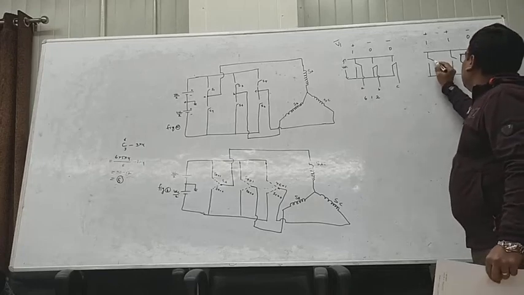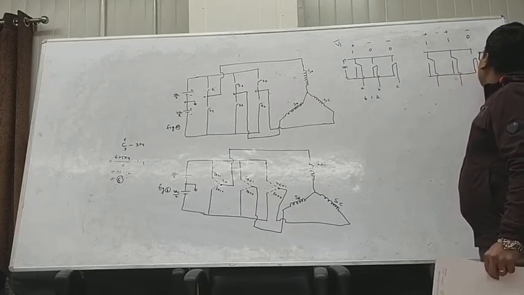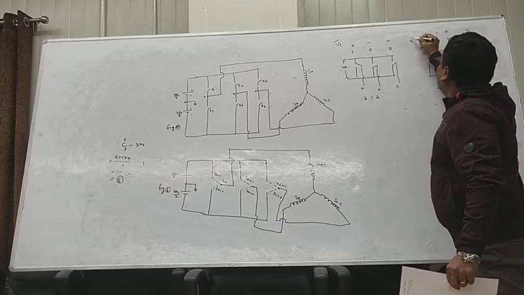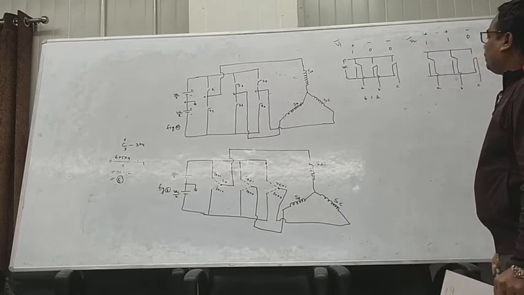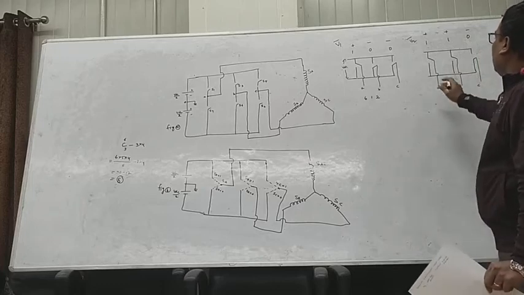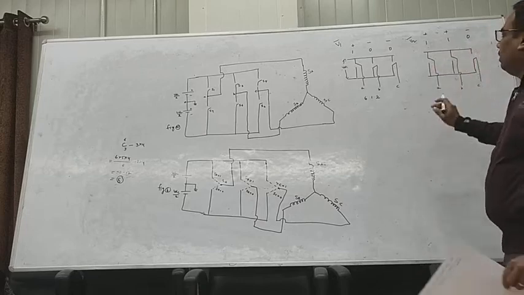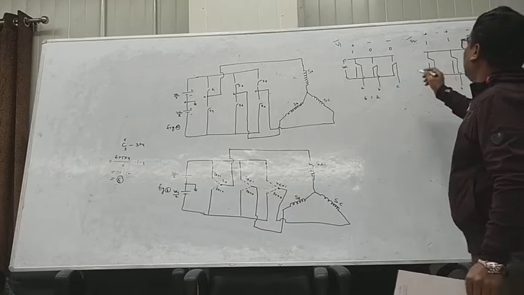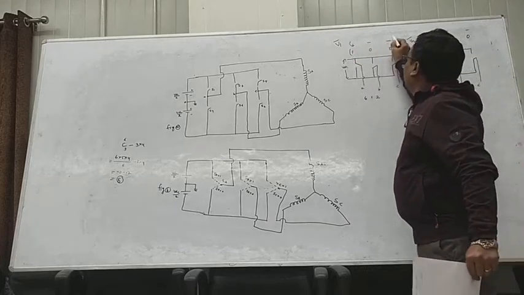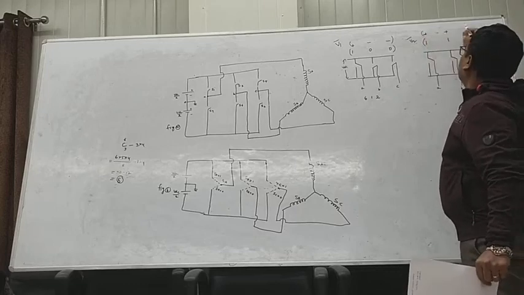This is connected to phase A, phase B, and phase C. This is voltage vector V2, the second possible combination, 1 1 0. The first combination is 1 0 0, or plus minus minus, and here 1 1 0 is plus plus minus.